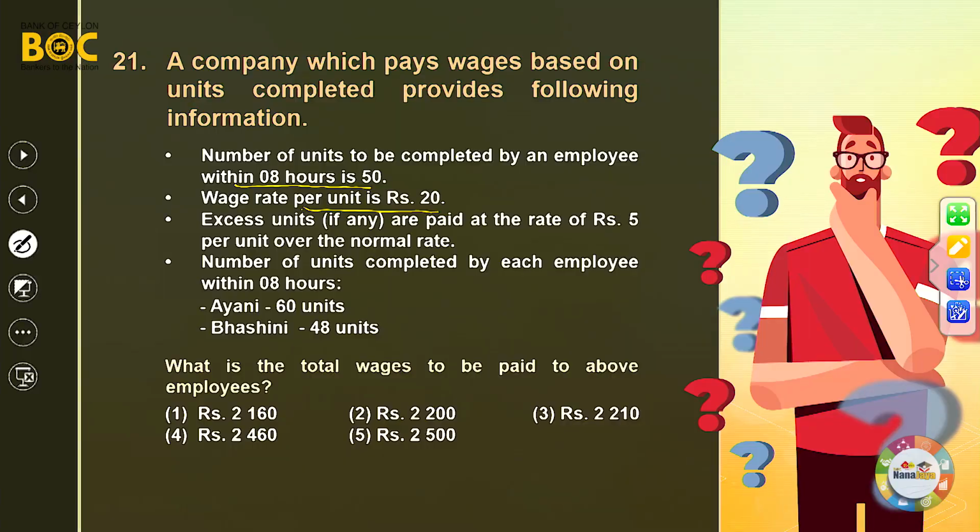Excess units, if any, are paid at the rate of 5 rupees per unit over the normal rate. So the normal rate is 20 plus 5, 25 rupees per unit for the excess units.